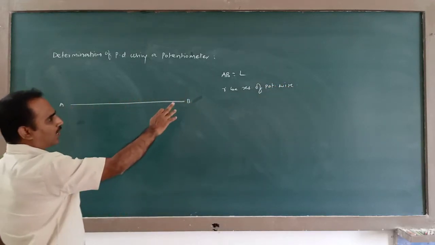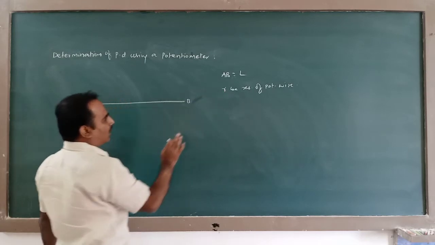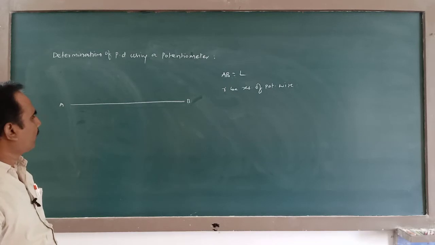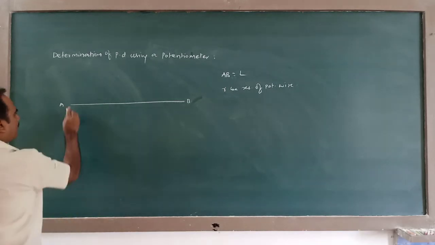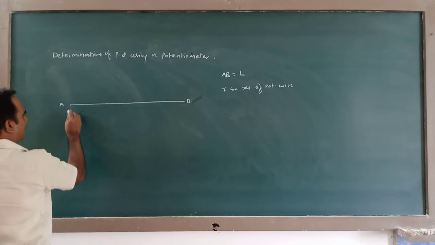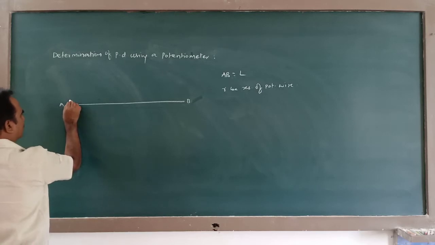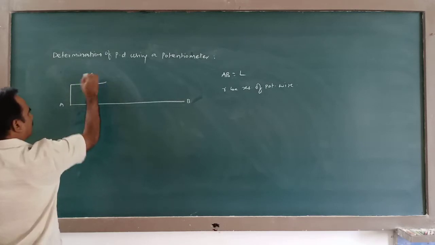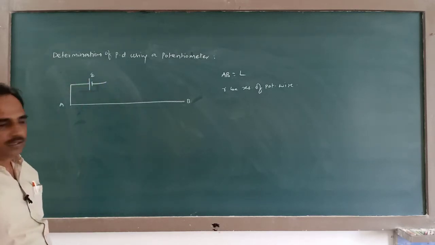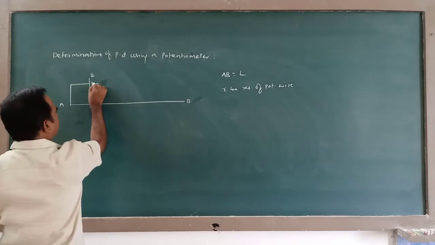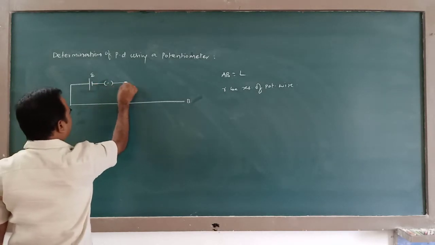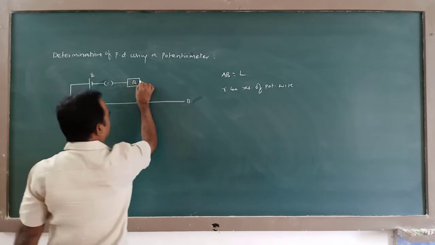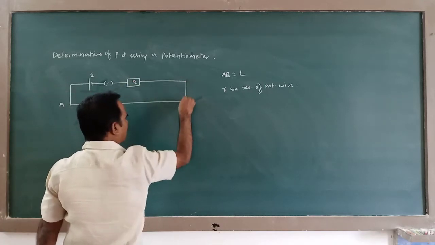That means this small r is the total resistance of this wire from A to B. Now a potential difference is applied across this wire AB by using a cell or a battery. So here is a cell of EMF E, and this cell is connected in series with a plug key and a standard resistance R, and the other end of this R is connected to B.